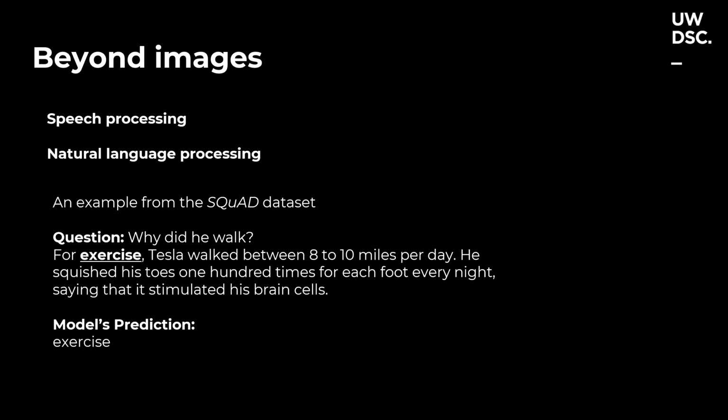Here's one of the data instances. We have the question, why did he walk? And given the context about exercise, Tesla, and so on, we have the document below. The model's prediction for this one is exercise. So the answer for why did he walk is basically exercise.